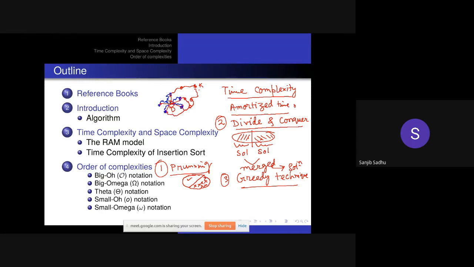So the algorithm may prefer, okay, at present I will go here because this takes a small amount of time. But you do not know whether this path will finally take the smallest or the largest amount of time over all paths. But you are greedy, so you follow this strategy: at present it takes a small amount of time.